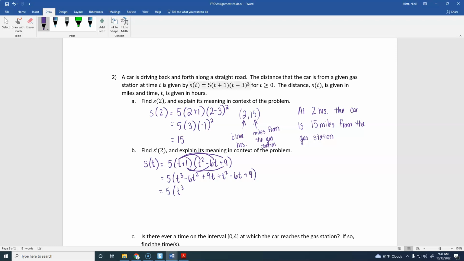If I combine my like terms there, I'm going to get t cubed minus 5t squared plus 3t plus 9. And you can distribute that 5. So you get 5t cubed minus 25t squared plus 15t plus 45.